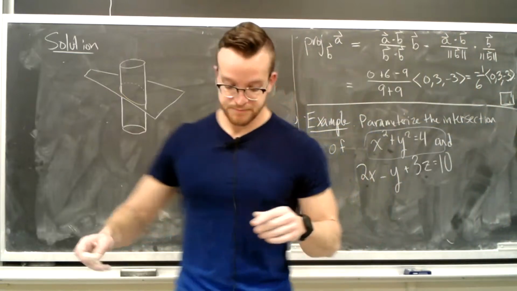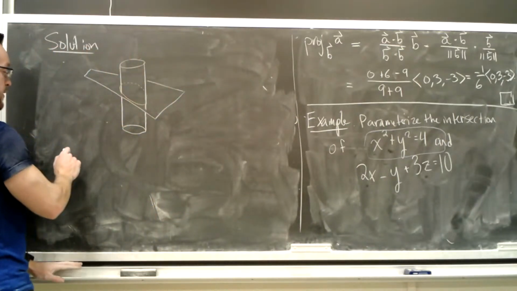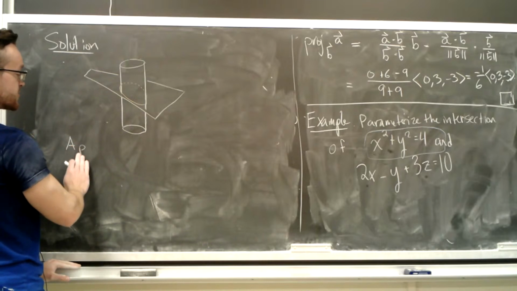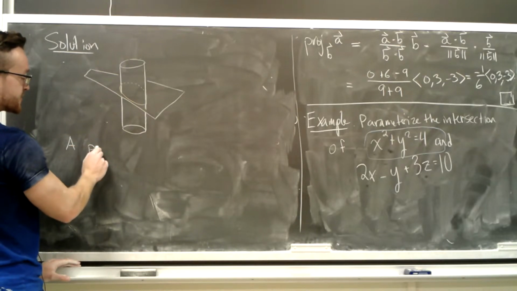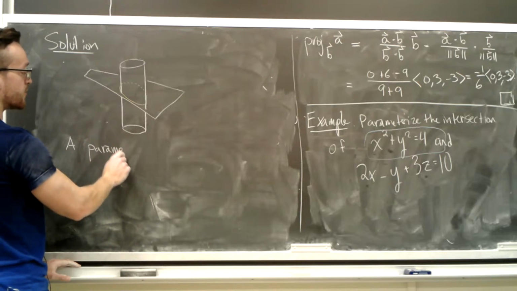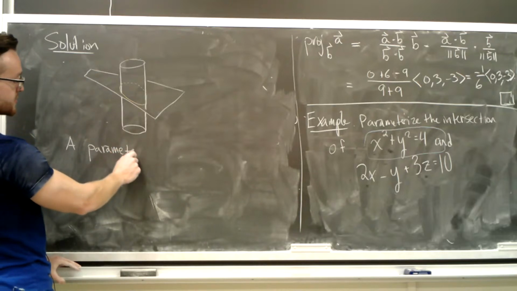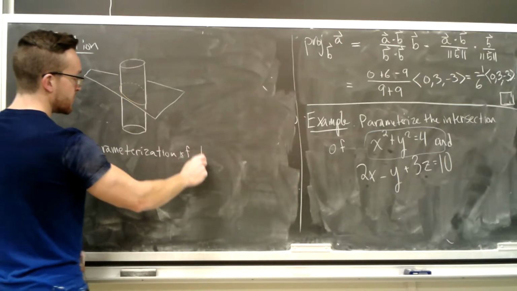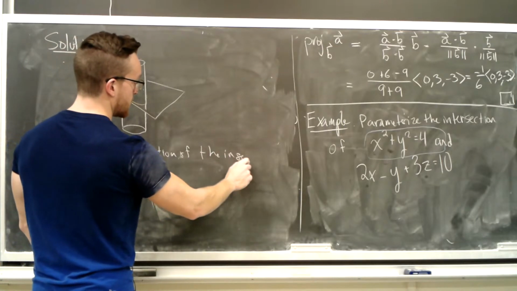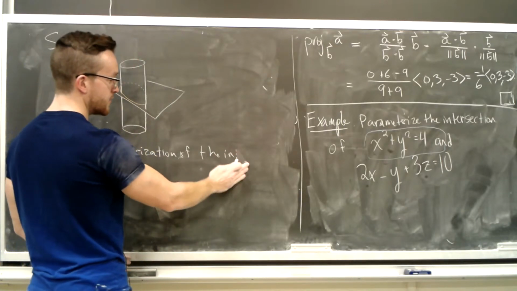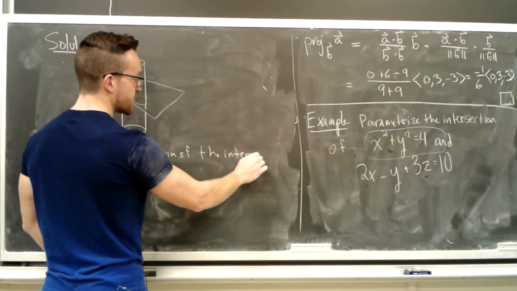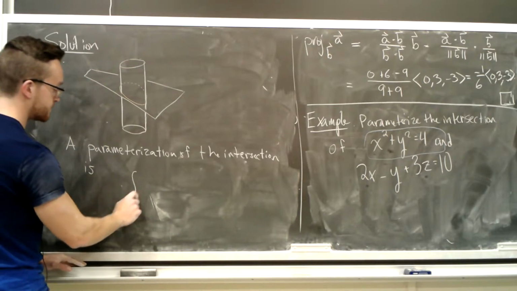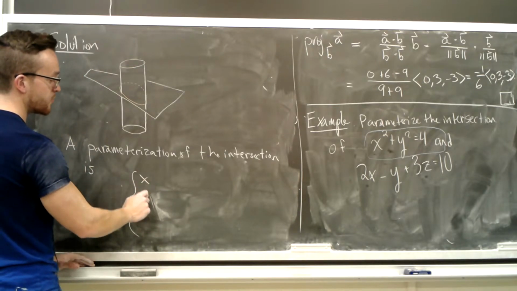I don't think there's a whole lot of work to show for a problem like this, as long as you know what's going on. I would just say a parameterization of the intersection is x and y.